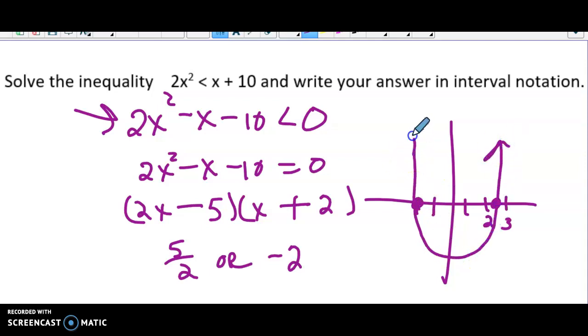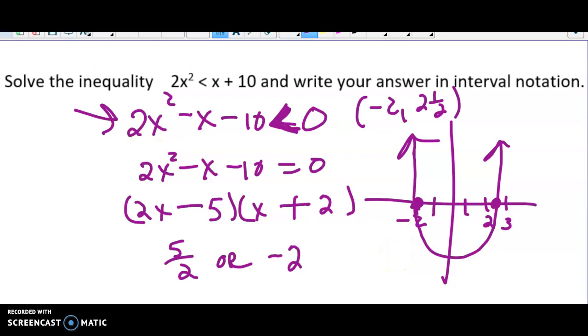I don't really care about much other than I know it looks something like this. It's asking me where is it less than 0? Well, it's less than 0 between negative 2 and 2.5. This time I'm not using brackets because it doesn't say less than or equal to. But my graph is less than 0 between negative 2 and 2.5.